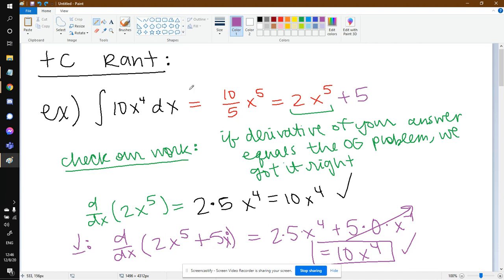So I think this actually has a whole host of answers that we could say is correct, where the base is always that it's 2x to the 5th, and then we can just add in any old number to the back. The way we write adding in any old number to the back in math is saying plus c, where c is a constant, aka any old number.